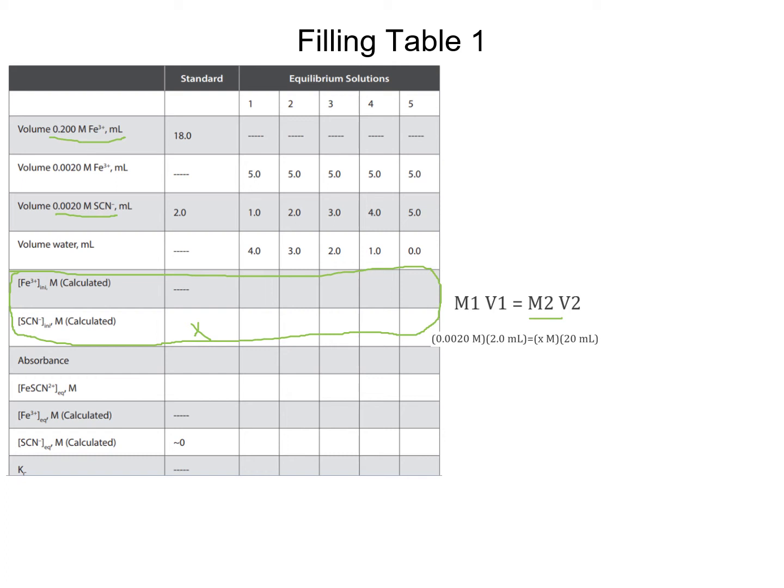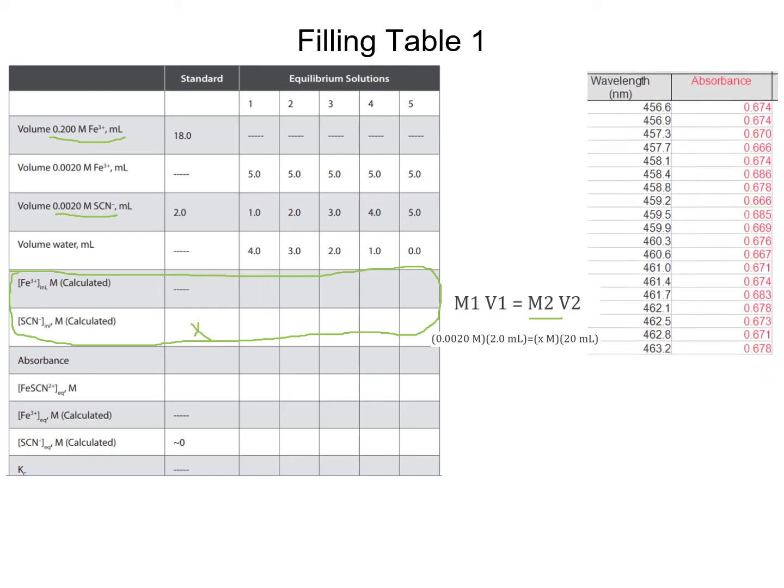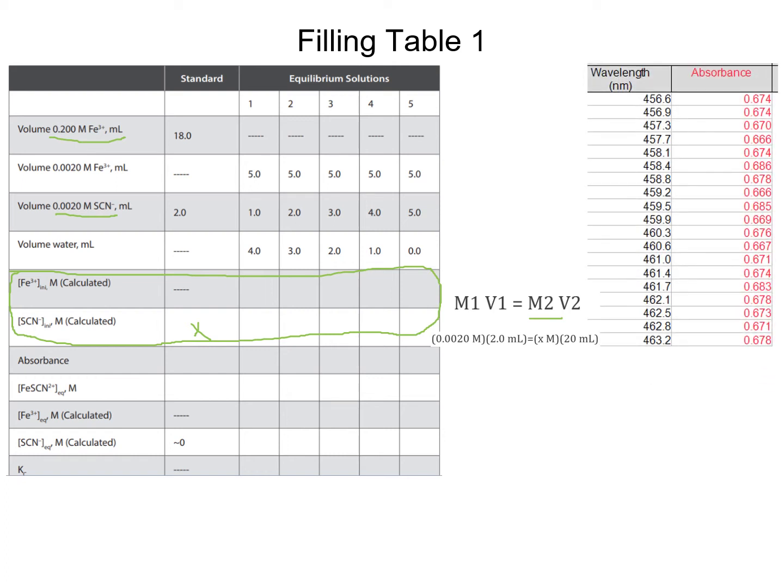Okay? And then going to the next thing, here you need the absorbance values. As I said before, you will get files on Logger Pro that show you a table like this.